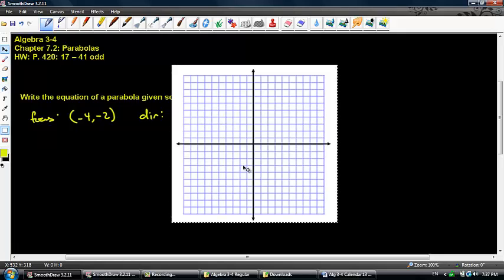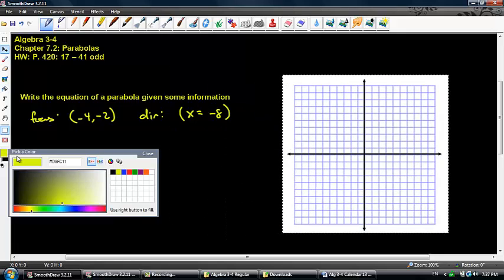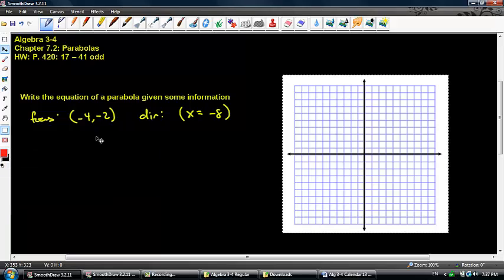Okay, so let's draw this thing out. Focus is at (-4, -2), so that is -1, 2, 3, 4, and -1, 2. That's the focus right there. And the directrix is x equals -8, so that's -4, 5, 6, 7, 8. And I'm going to go ahead and just draw my directrix here.